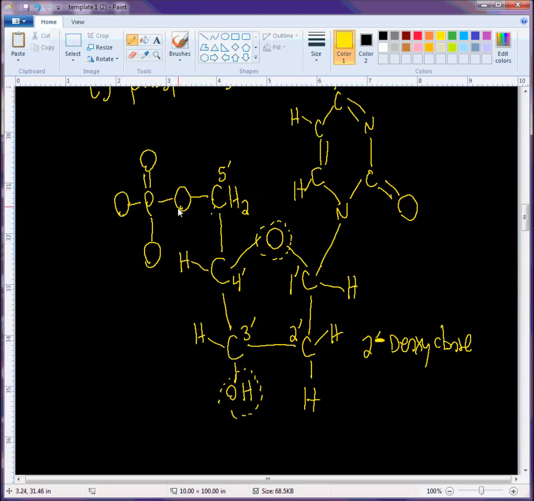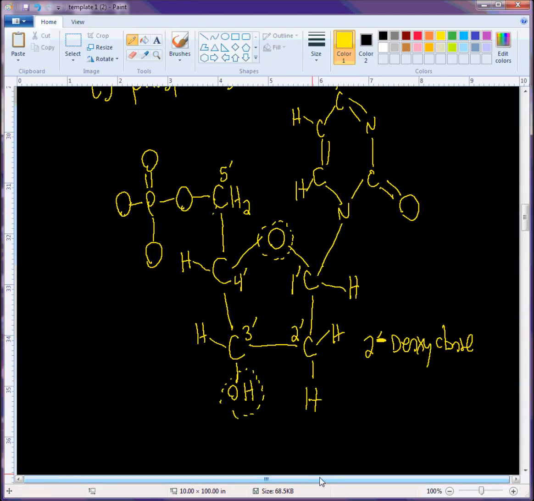This would be a nucleotide with 1 phosphate, and we can add 2 more to this one too. So just repeat that structure.